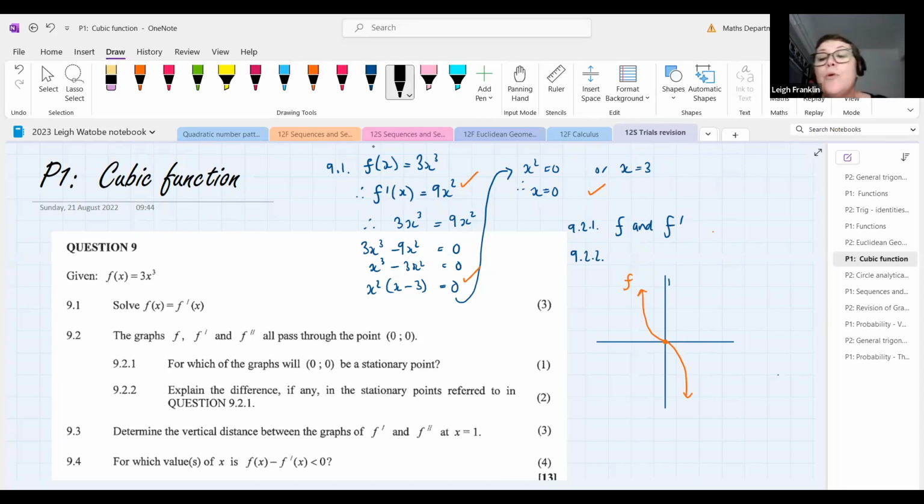Your parabola, sorry, it's a bit wonky on the left-hand side, is going to look like that. That would be the graph of your first derivative. So the difference in the stationary points referred to in 9.2.1: for f, your stationary point is also a point of inflection.